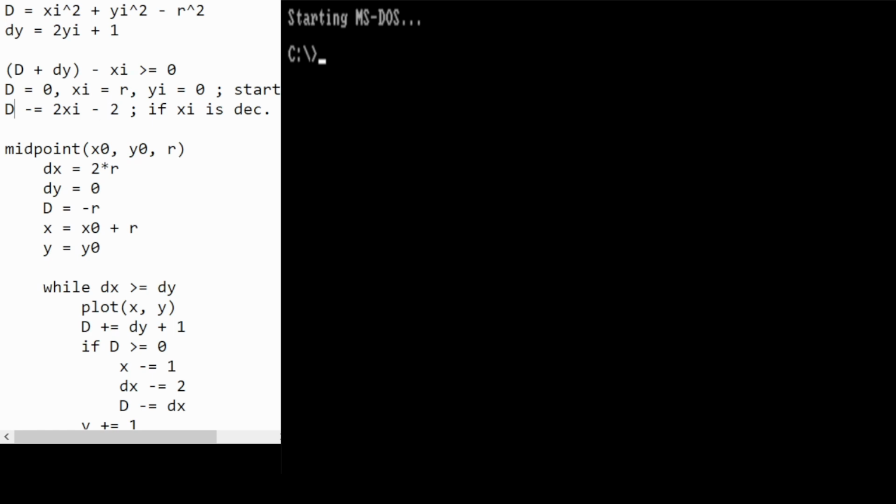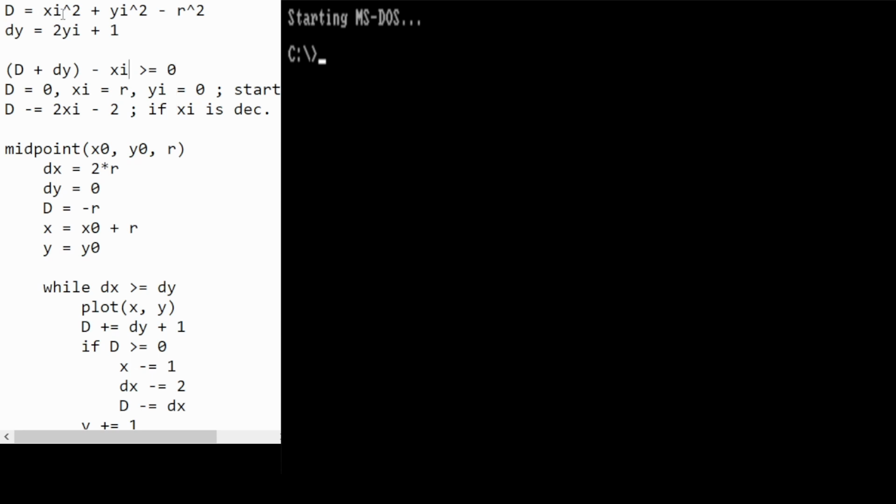But if this value d is going to go down by 1 less than it should in our algorithm, then we need to compensate that somewhere. And the way we do that is to make xi itself go down by 1 less than it should in this expression.